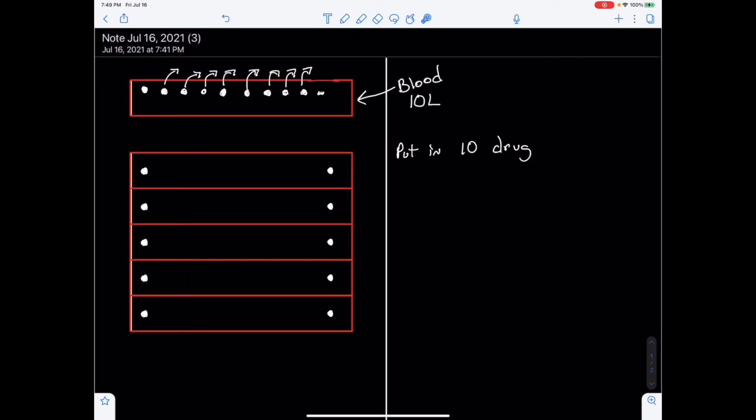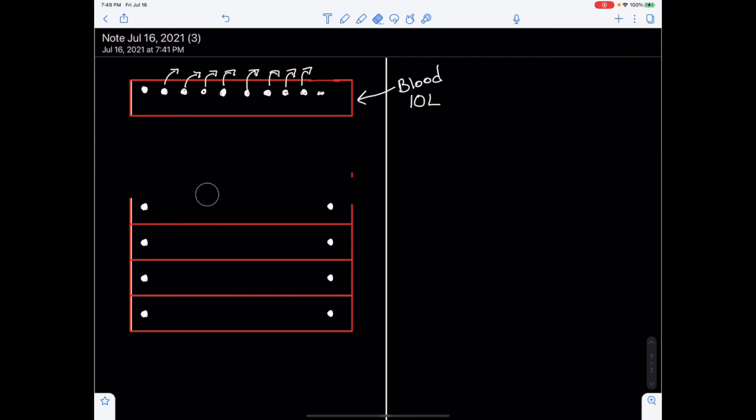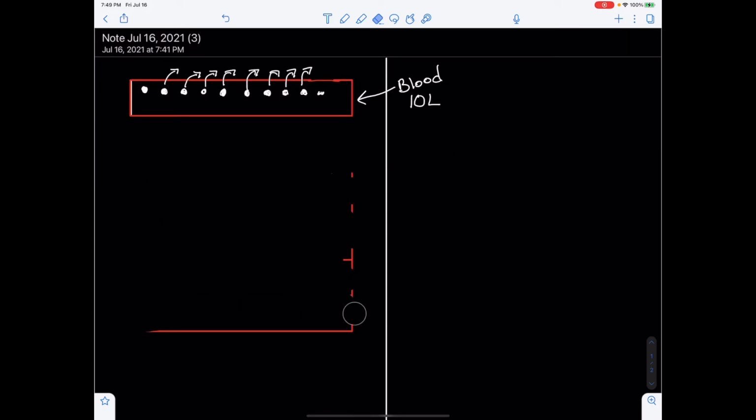Okay, so now how do we understand this mathematically? Let's erase all this. We're going to leave that up there, and we're going to say that's still blood, and we still have 10 units of drug, except now we're going to say that it is 10 milligrams of drug that we put in. So 10 milligrams of drug injected.